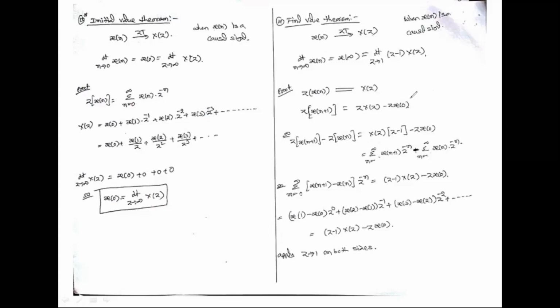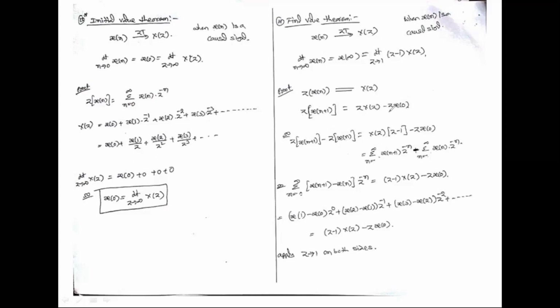Now on both sides, I take the minus x of z, the transformation of x of n.